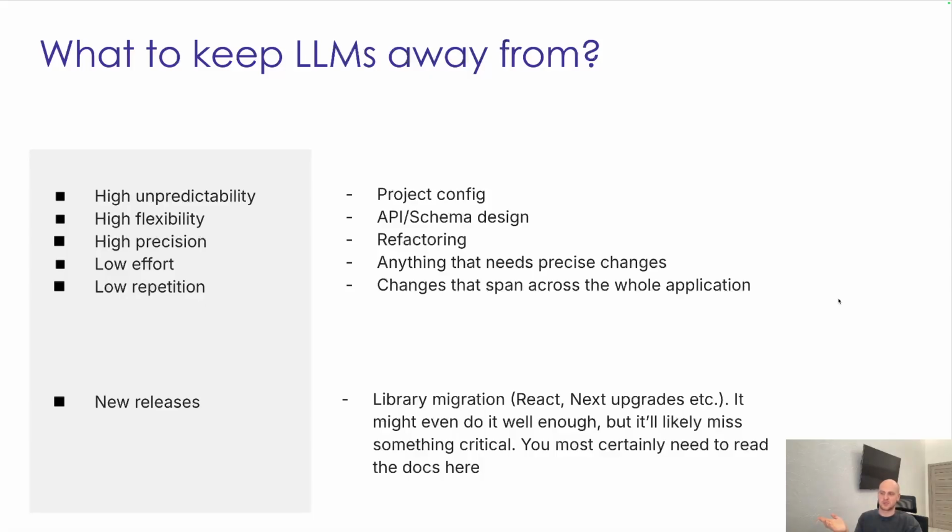Anything that requires precise changes, especially when you're working with some library or a framework, usually LLMs are not quite good at changing the system precisely, or changes that span across your whole application. Also, new releases, like I said, LLMs are really bad at using up-to-date information.